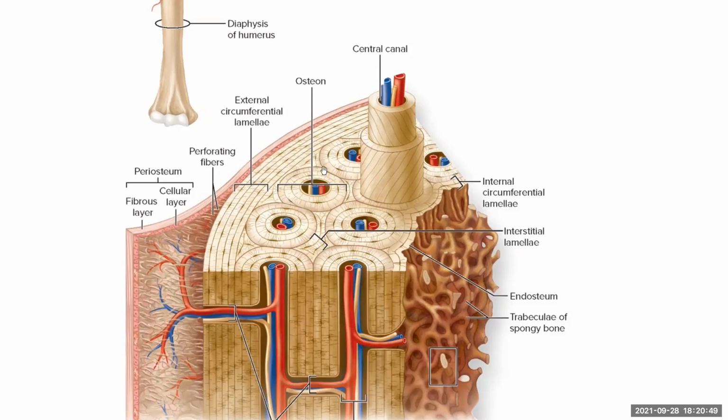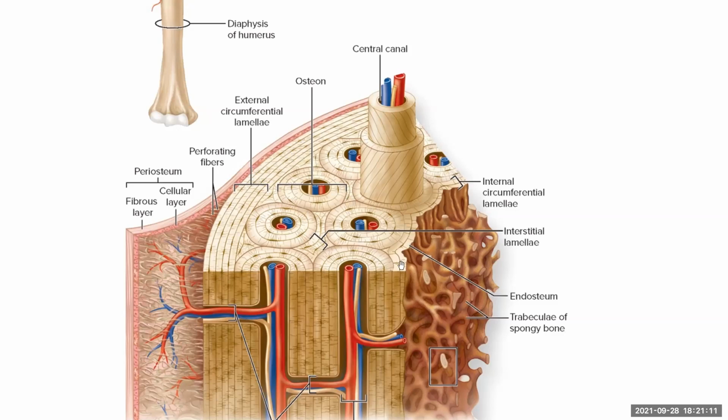So here's our complete osteon. You have your concentric lamellae going around here. Then you'll notice we have this huge circumferential lamellae, one big, long, complete circle, on the external portion just deep to the periosteum.